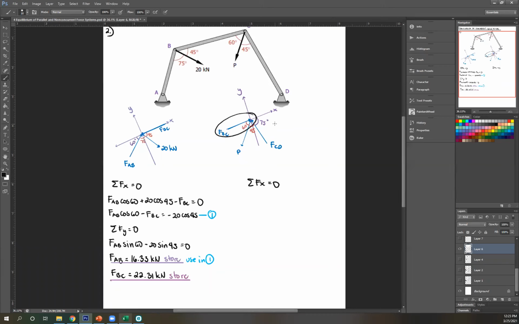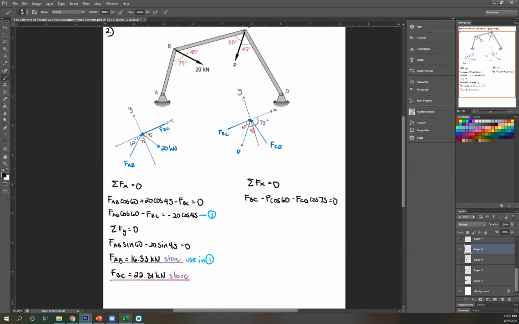Looking here, FBC is to the right, therefore positive FBC, directly on the x-axis. Next, we have your P to the left. So minus P, x component, so cosine 60. Next, FCD is also to the left. So negative FCD cosine 75 equals 0.